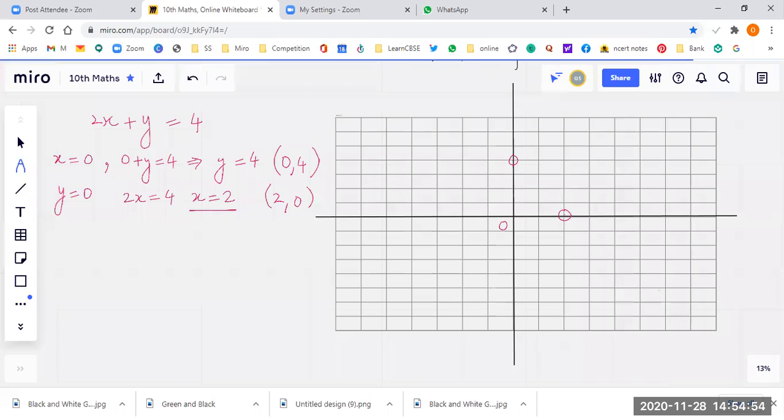This time I draw the line first, then I will take the third point, and you will see the third point will lie on the line. So I will draw the line first, students. This is my line.